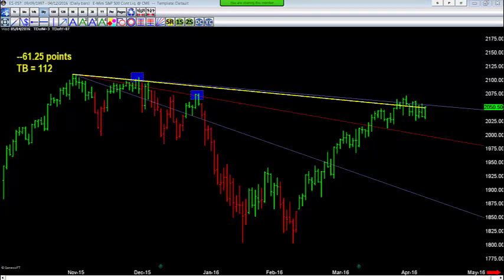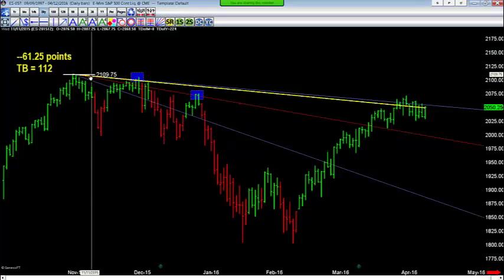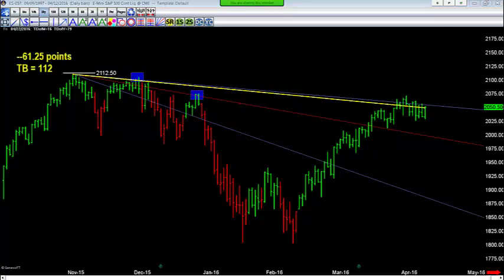Take 112, divide it by 2, because it's 1 by 2, and you get 56. This high price is actually, it's 21.10 and a quarter. It's kind of hard for me to get that right on there. So 21.10 and a quarter minus 56, and I get 20.54. Okay? That's where that angle is coming in.